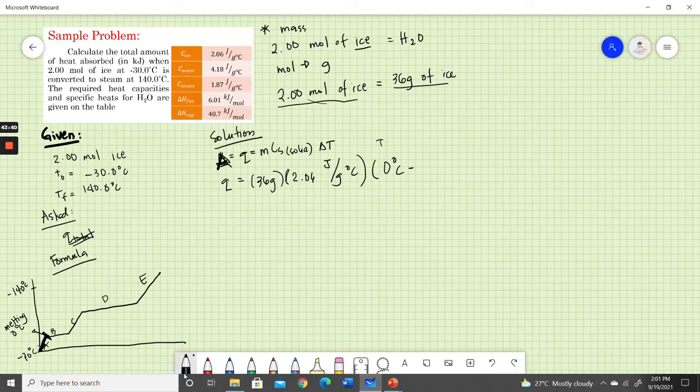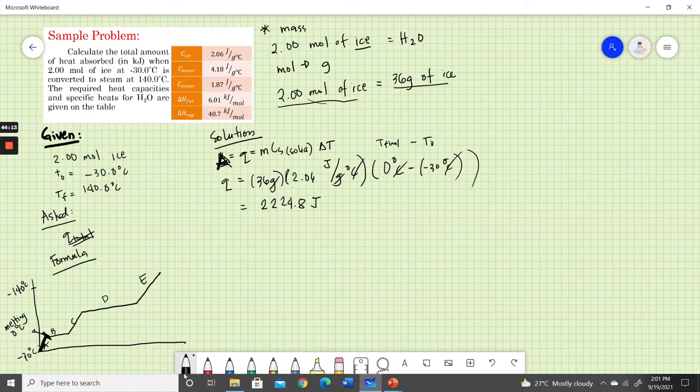So this is the final temperature minus the initial temperature, which is 0 minus negative 30 degrees Celsius. Grams cancel, degrees Celsius also cancel, and this would actually give us 2224.8 joules.